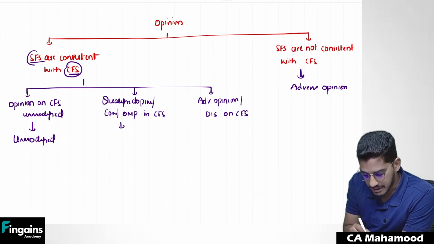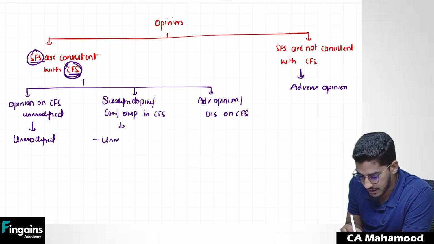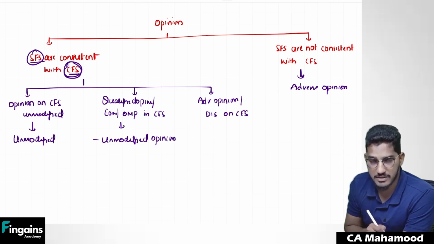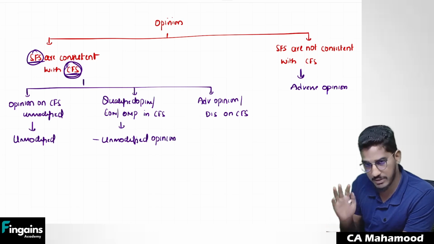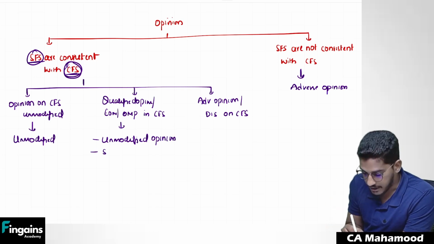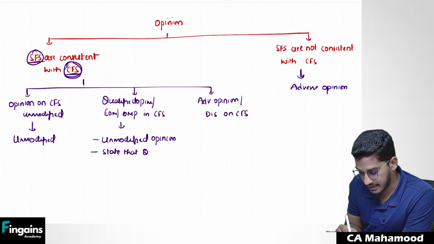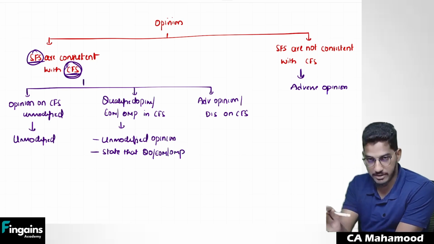Since the summary financial statements match the complete financial statements, here also you can give an unmodified opinion. But in your audit report you have to state that the audit report on the complete financial statements contains either a qualified opinion, or an emphasis of matter paragraph, or an other matter paragraph. You have to state that fact.